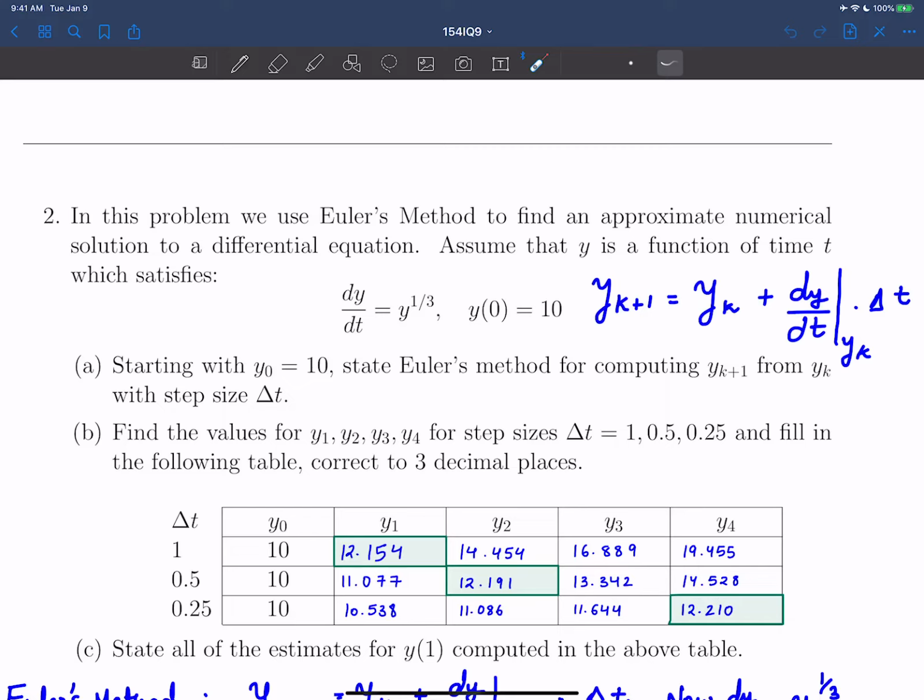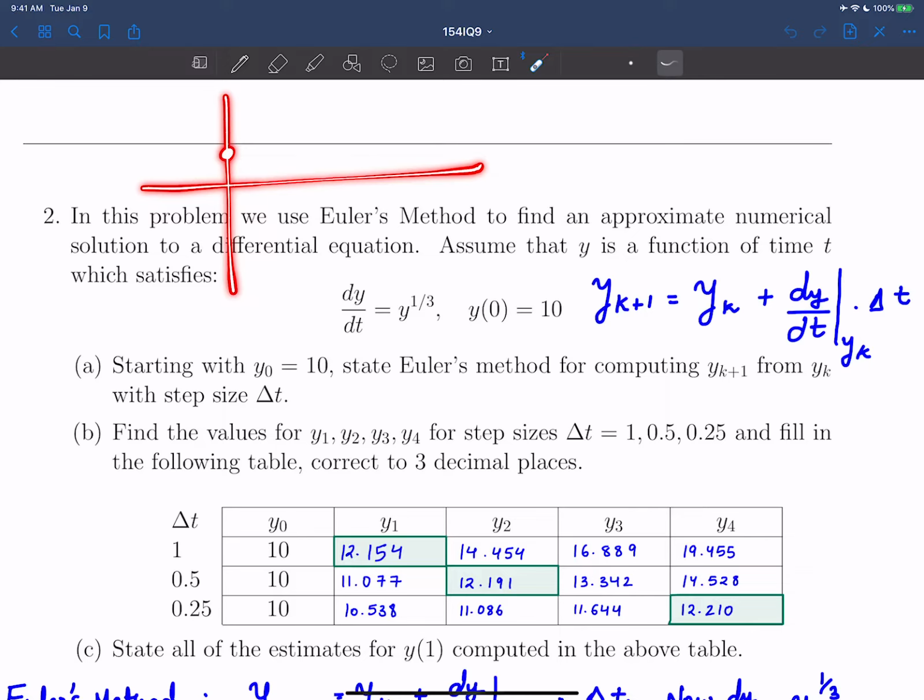Euler's method is an iterative method. It tells you the next y value, y of k plus 1, is equal to the current y value plus the derivative at the current y value times the step you're taking. So it's just like a linear approximation. Let's say you are on a graph here, and this is your starting point.